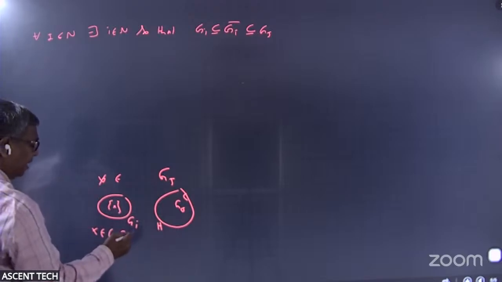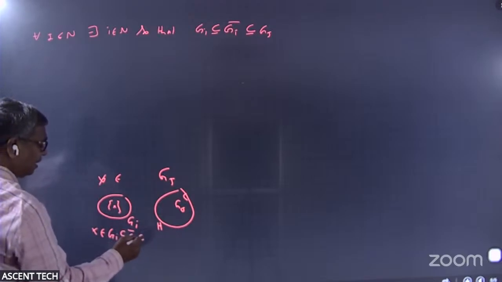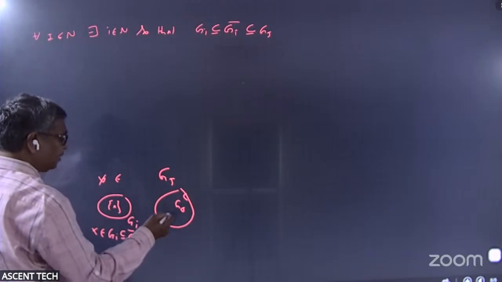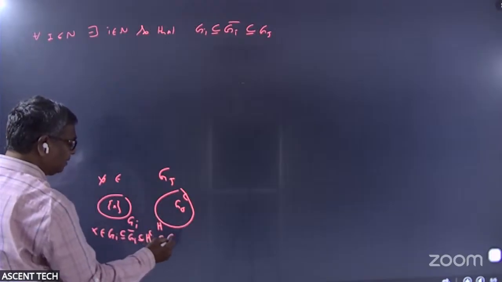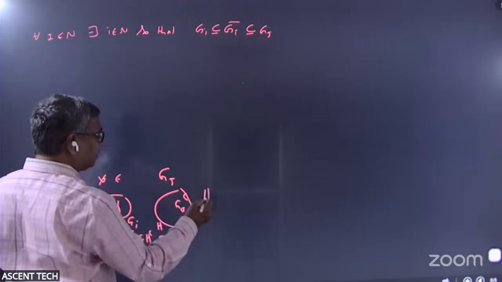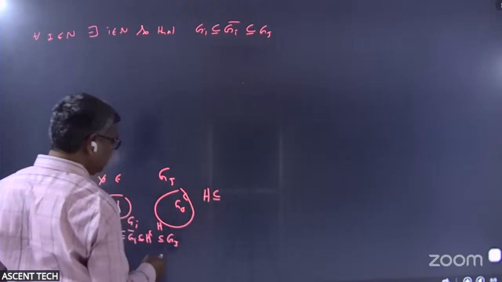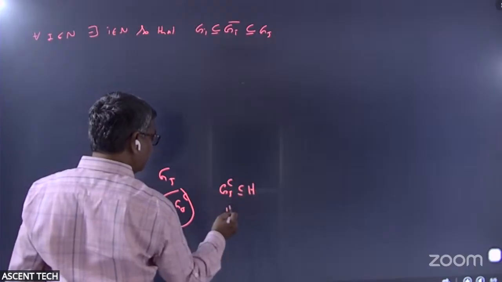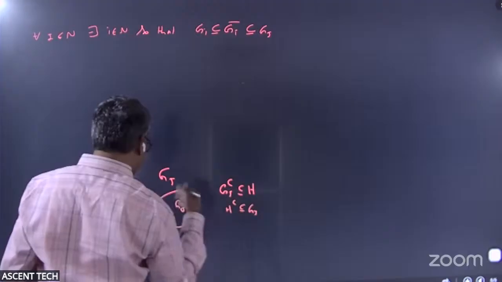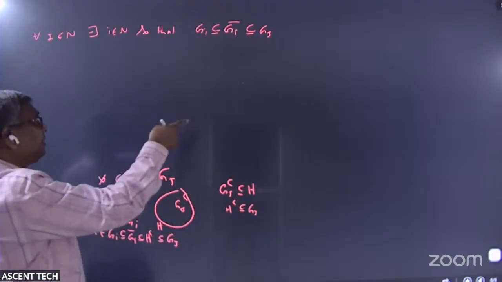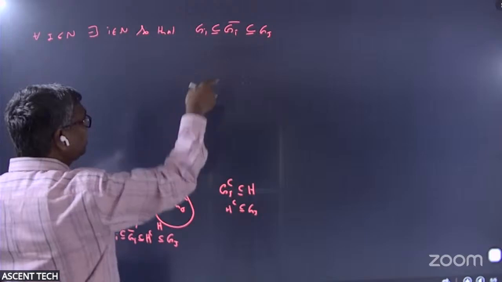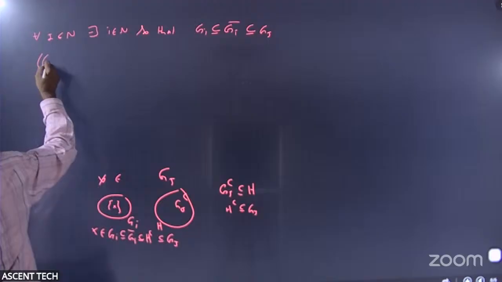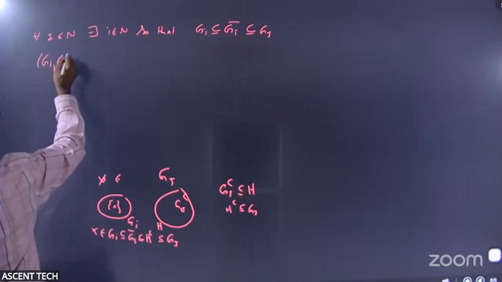That means Gi bar is in H complement. And H complement is contained in Gj, because H contains Gj complement. So if I have a Gj, there is a Gi such that Gi bar is contained in Gj. Every time I have such a pair, I have constructed this Gi, Gj.